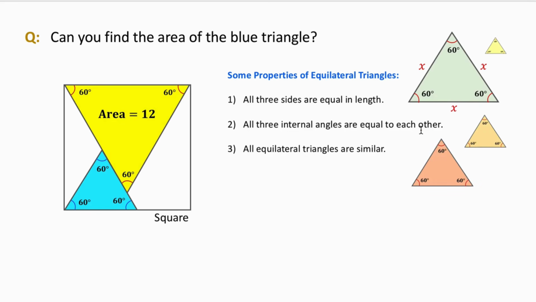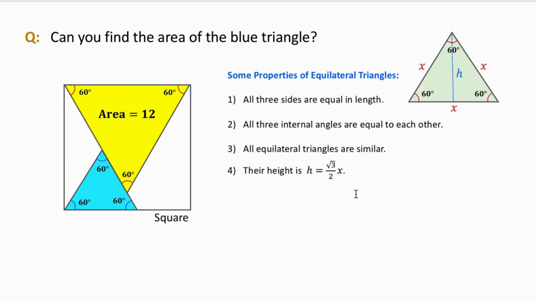The next property is that all equilateral triangles are similar. Here I have shown 4 different sizes of equilateral triangles. All of these are similar. Also, the height of each triangle, like this, is square root of 3 times x divided by 2.